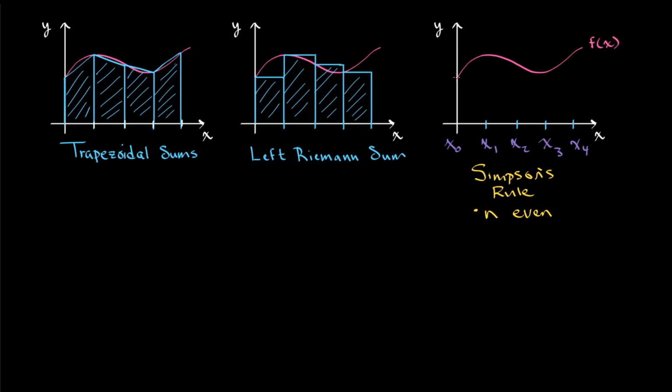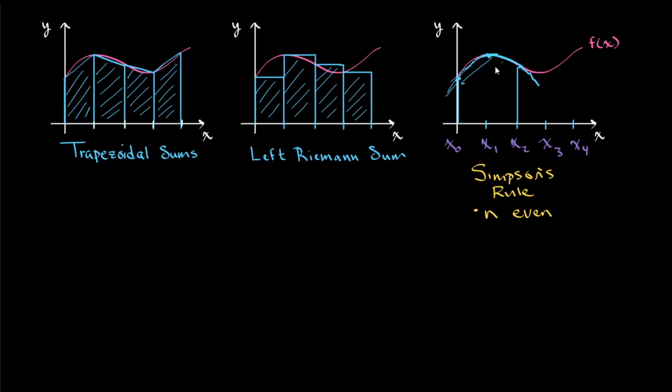In this case, it's going to make a bunch of parabolas. These 3 points here are going to be used to construct a parabola. If we were to draw out what a parabola would look like between these 3 points, it's something like that. And then all we're going to do is find the area under this parabola in these 2 subintervals.